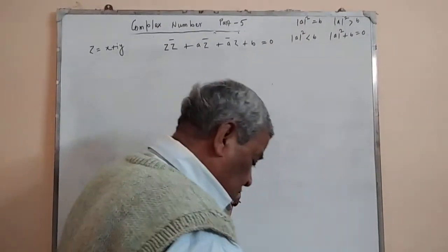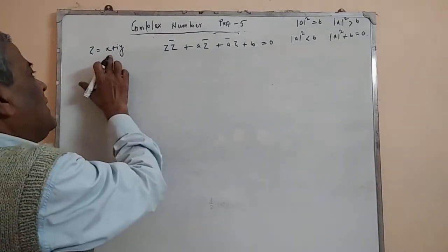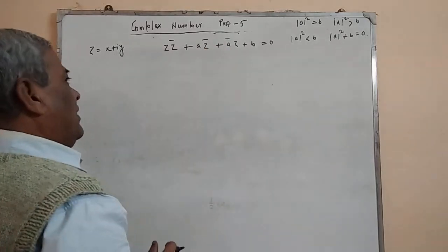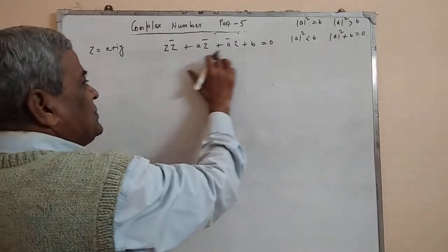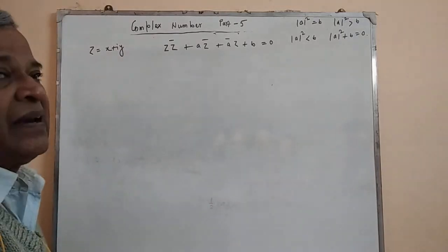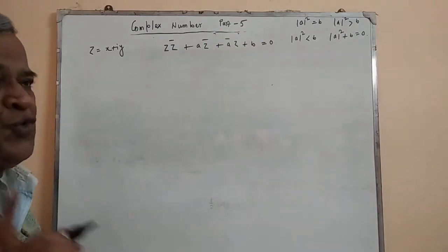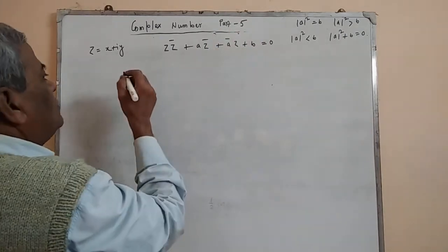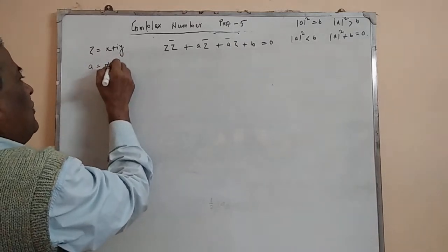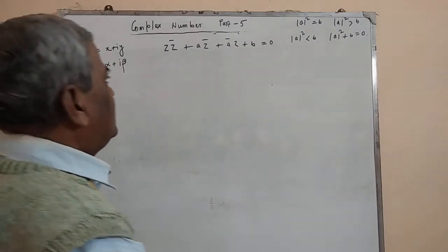So the problem is: z is a complex number, a is another complex number, and this relation is equal to 0, it represents a circle. Then of these, which one is true? So let a be equal to alpha plus i beta, real part and imaginary part.